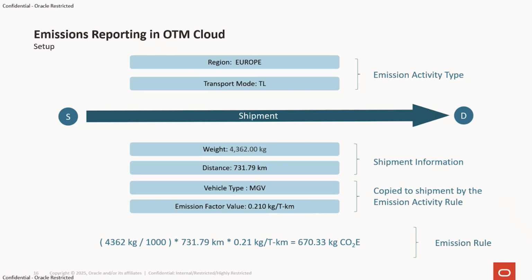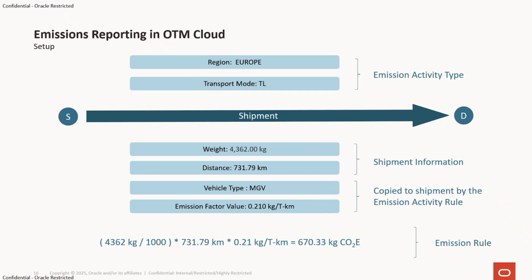On the bottom part, we see the elements that were copied into the emission activity record and were used to calculate the CO2 equivalent emissions. So we copied the weight, over 4 tons, and the distance, over 700 kilometers. This comes from the shipment. And then we have the vehicle type that we identified based on the equipment group as an MGV, and the emission factor from the grid. It was matched and copied to this shipment activity.